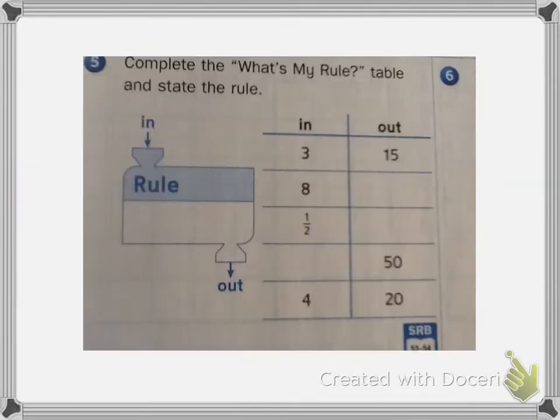Number 5 says complete the what's my rule table. So, to get from 3 to 15, that's times 5. 4 times 5 is 20.